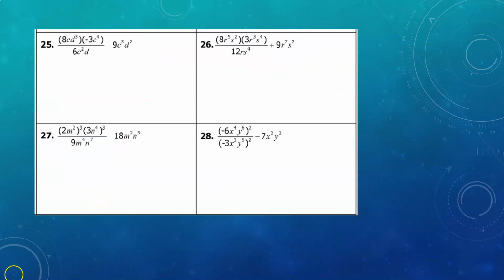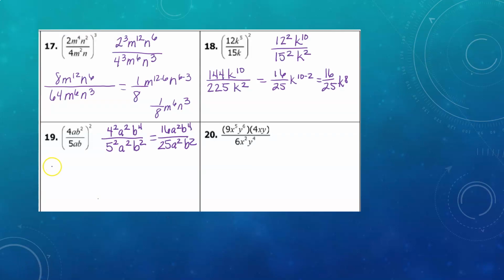So let me back up. So I have 16 25ths. The a's are canceled. B to the 4 minus 2 power. So I have 16 25ths b squared.